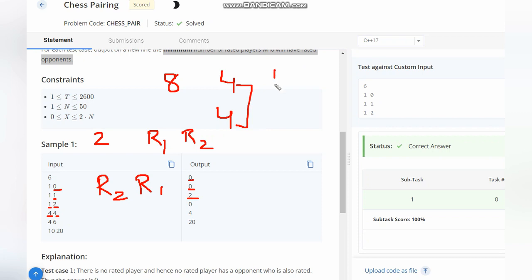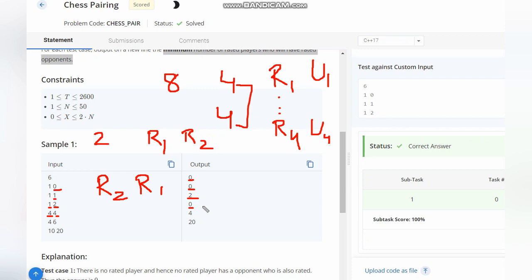So 1 to 1 can be mapped: R1 can be mapped to unrated 1, R2 can be mapped to unrated 2, and so on till R4 being mapped to unrated 4. So we have rated, unrated pairs, and hence no rated pair is there because we want to find the minimum number. So the answer is 0.